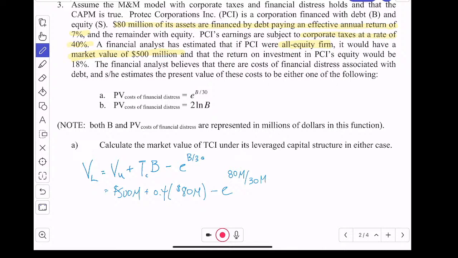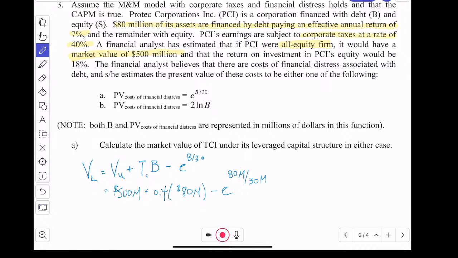So all those numbers are in millions. Yeah.